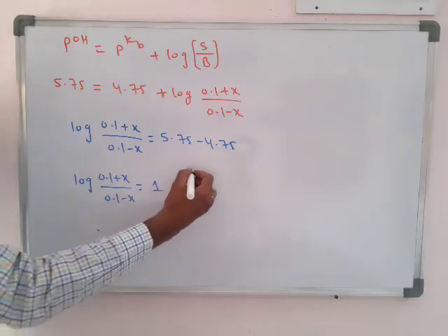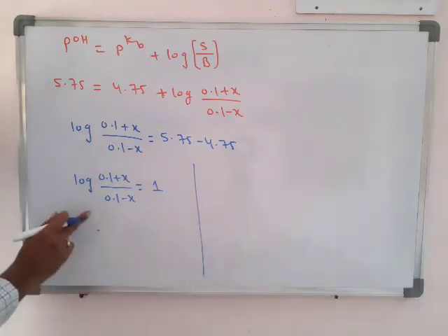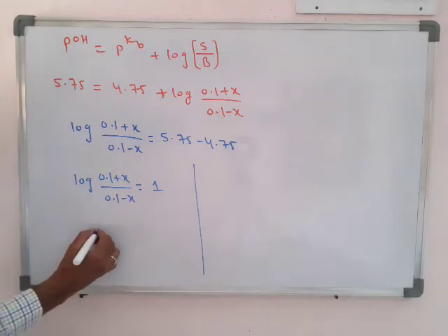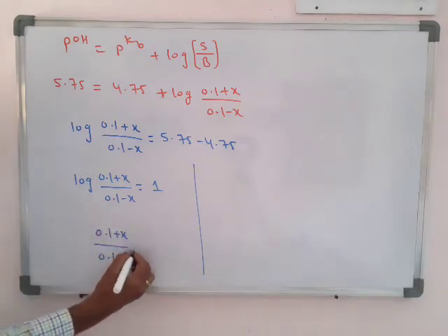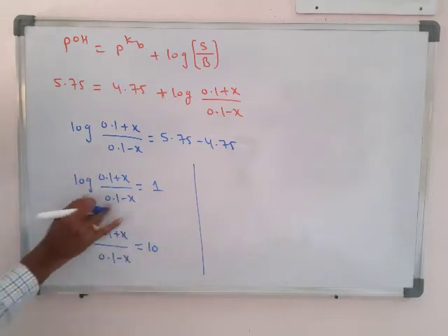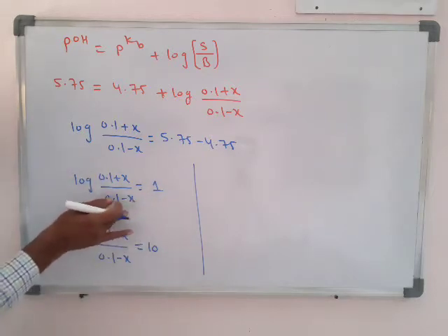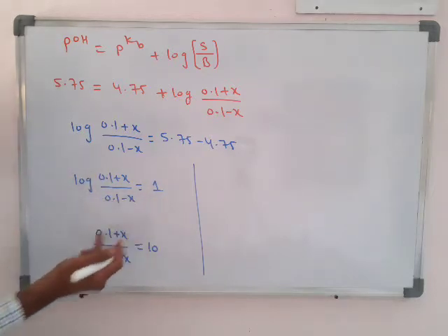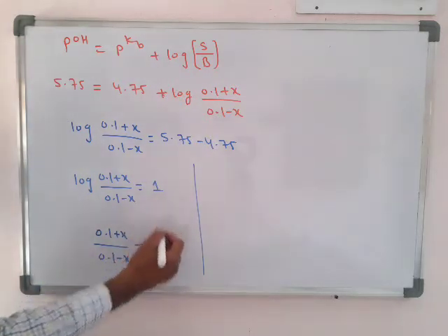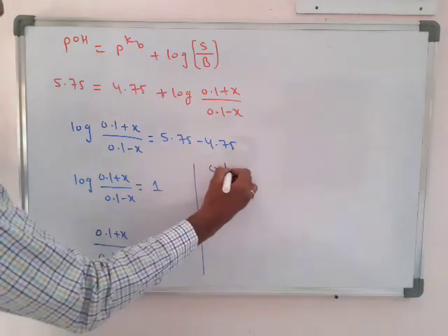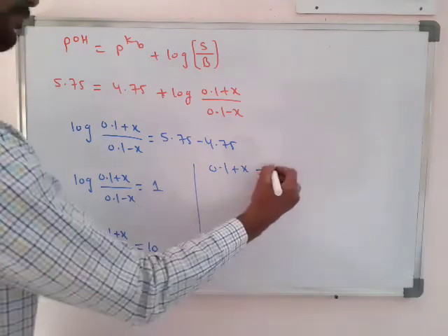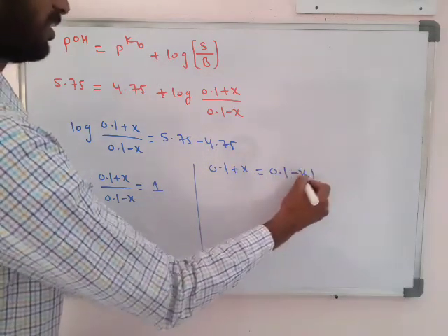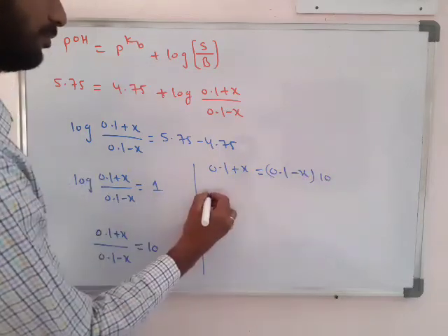So here simply it gives log of (0.1 plus x) by (0.1 minus x) equal to 1. Log of something equal to 1 means the something equals 10, because log 10 is 1. This is nothing but 10 power 1. So 0.1 plus x equals (0.1 minus x) into 10.